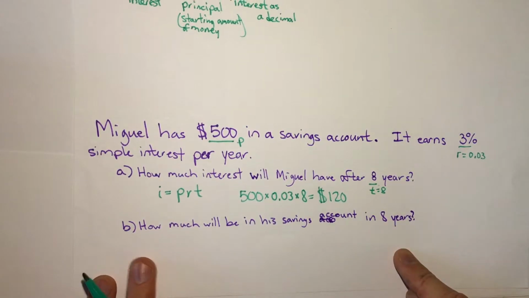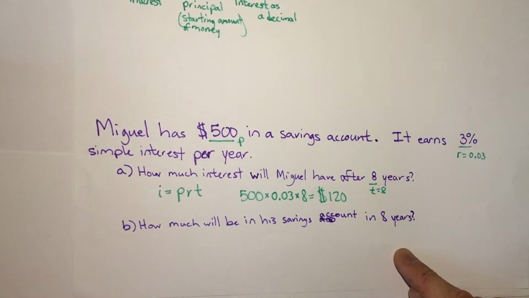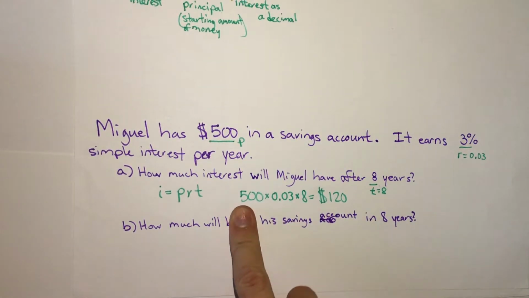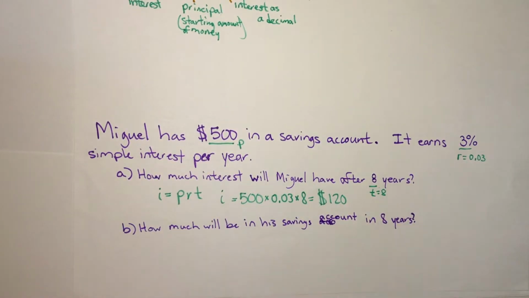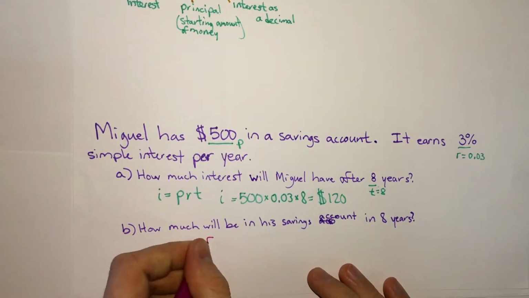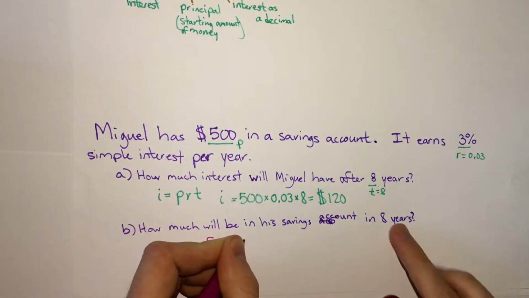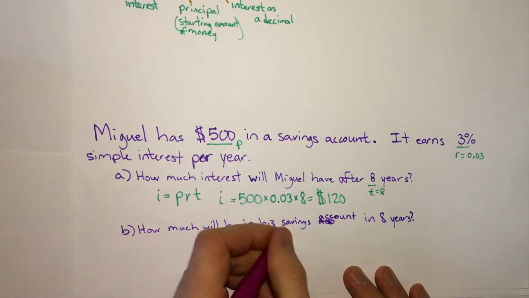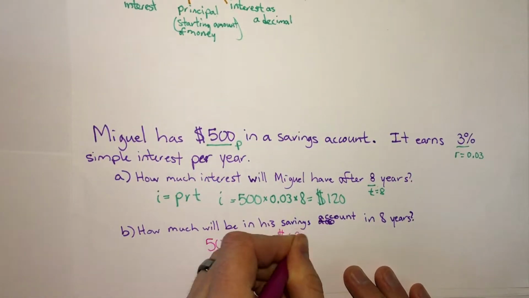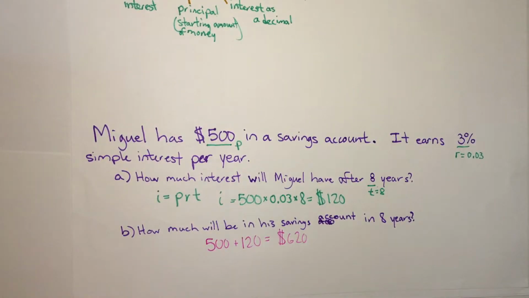Now part B asks how much will be in his savings account in 8 years. This formula tells us the interest made. It doesn't tell us how much is in the account. We have to add that to the original amount. So there was 500 and we made $120 interest in 8 years. So 500 plus 120, our new amount is $620.